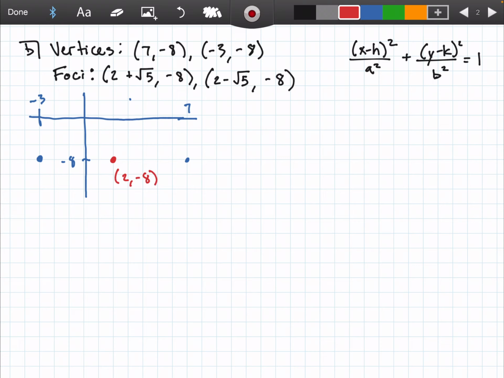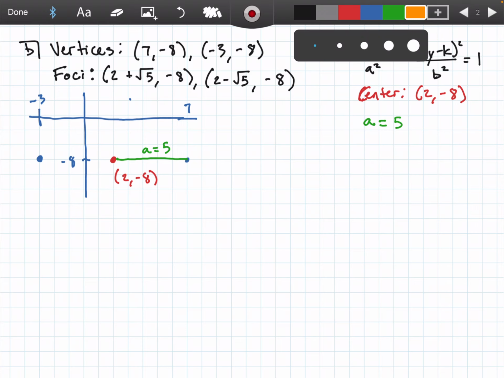So my center is at 2, -8. Okay, so if I know the horizontal distance here is 5, and I don't know B. But C, here's another way we could have looked at the center.